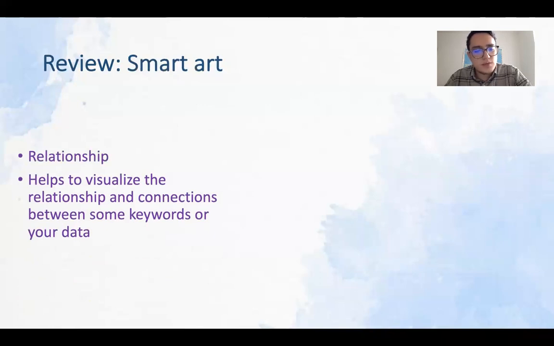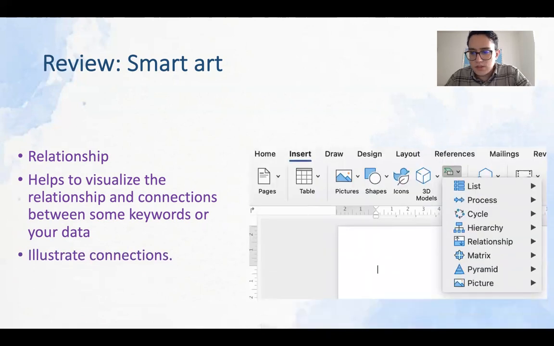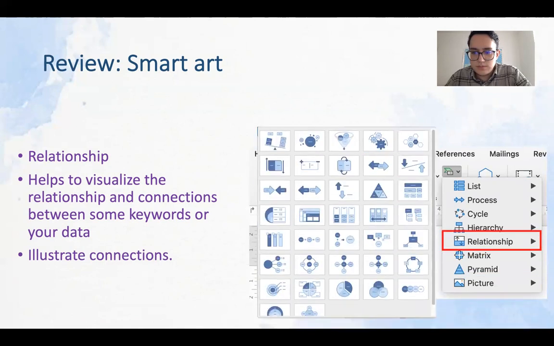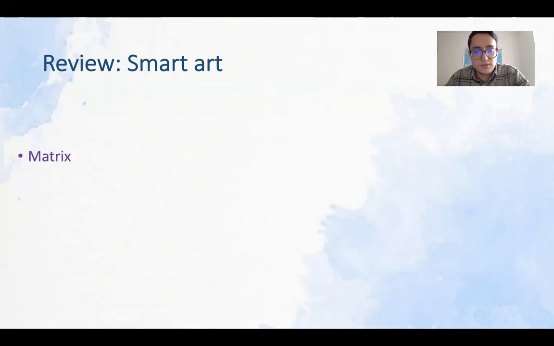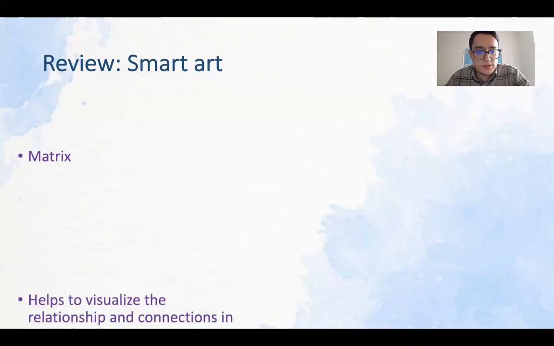Relationship helps to visualize the relationship and connections between some keywords or your data. Illustrates connections. So this is the relationship, and it illustrates the different images, different content.